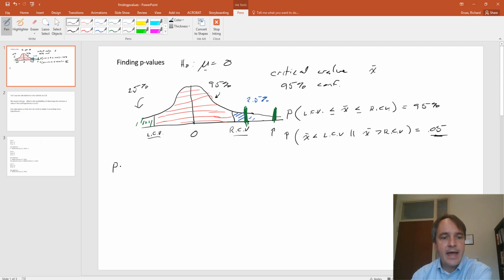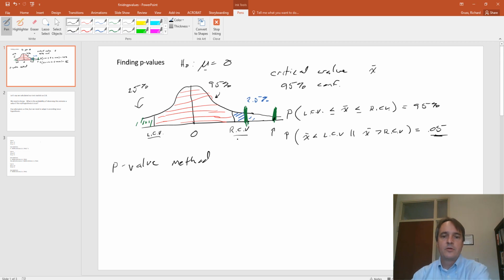And so this is the added information that you can get from the p-value method. The p-value method actually tells you not just the probability of getting something beyond the critical value, but the probability of actually observing a value this extreme.